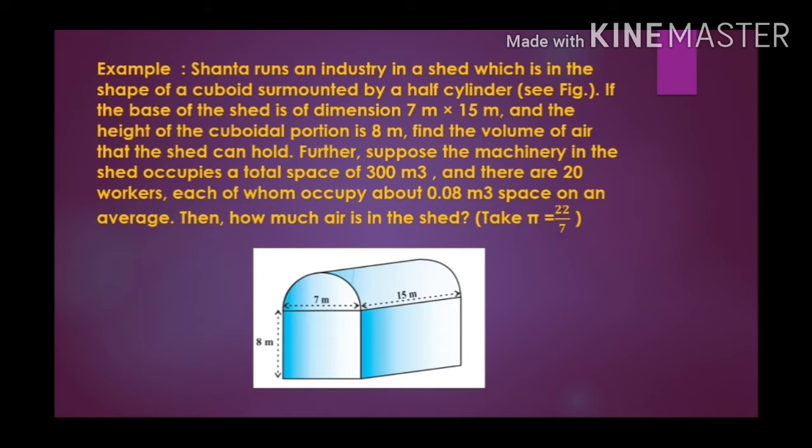As you can see, this is the figure of the shed. This bottom portion is in the shape of a cuboid and this is surmounted by a half cylinder. That means this portion is considered as a half cylinder and this bottom part is considered as a cuboid.